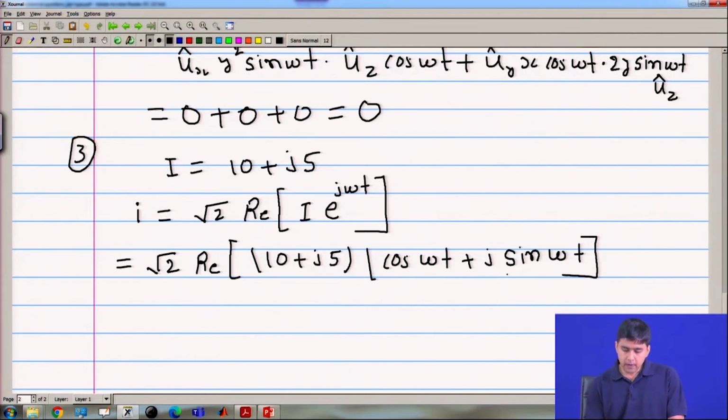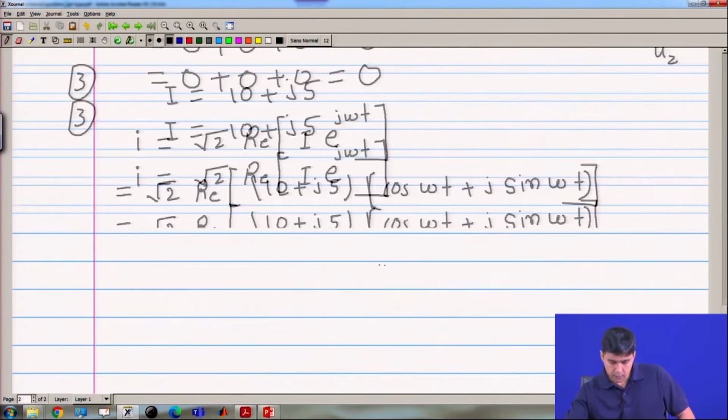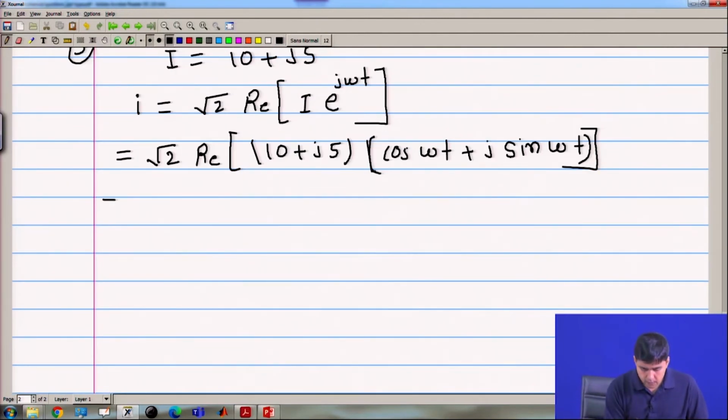So, real part of this, we have to multiply this. So, 10 cos omega t plus j, so this will be imaginary. So, let us do one, then we will do the shortcut.